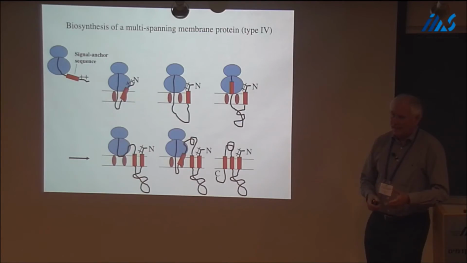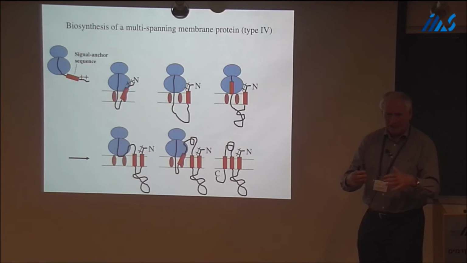It's not really clear how this works, but one idea is that on the outside of the lateral gate, there is a membrane chaperone that accepts the transmembrane segments as they move out and transiently keeps them in the membrane until all the other transmembrane segments have been synthesized and can form a structure that is hydrophobic on the outside and hydrophilic on the inside.